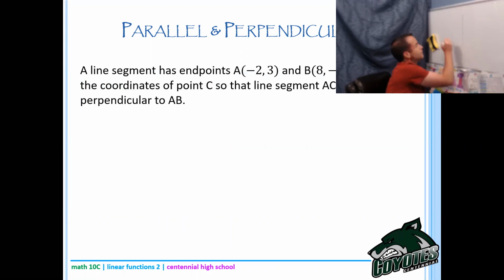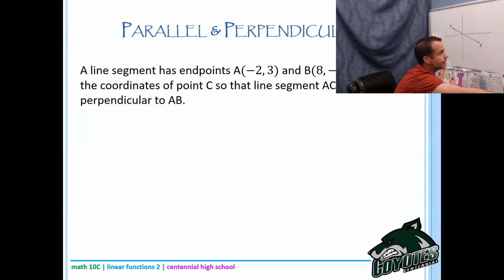So I have a line segment A, which is (-2, 3), so that might be there. And B is (8, -3). So this might be A and this might be B, okay? And we've got this line segment right here. Determine the coordinates of C so that AC is perpendicular to AB.